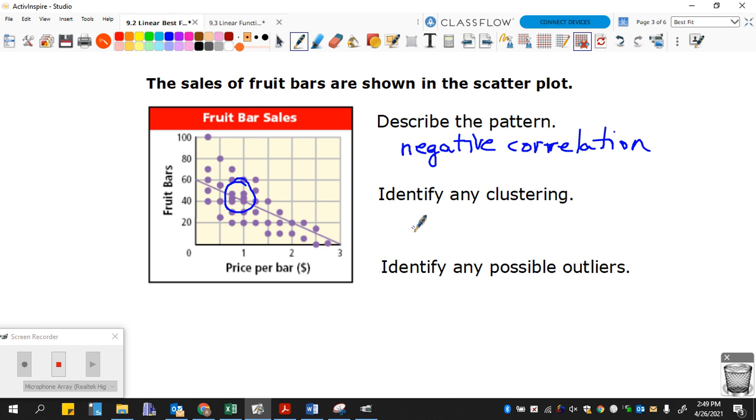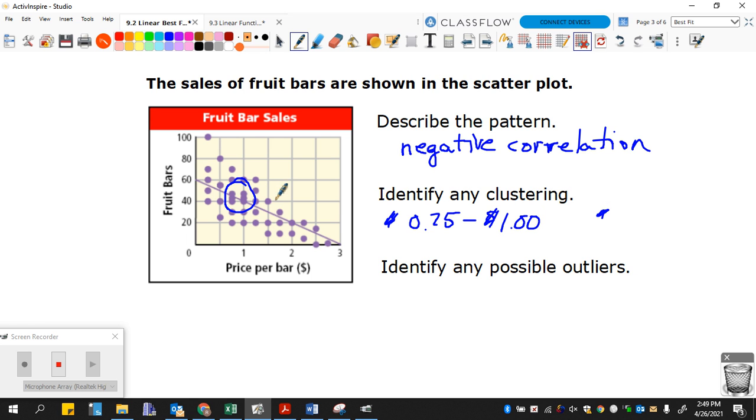So it would be 0.75 to $1 a bar. The fruit sales are sort of clustered together there.